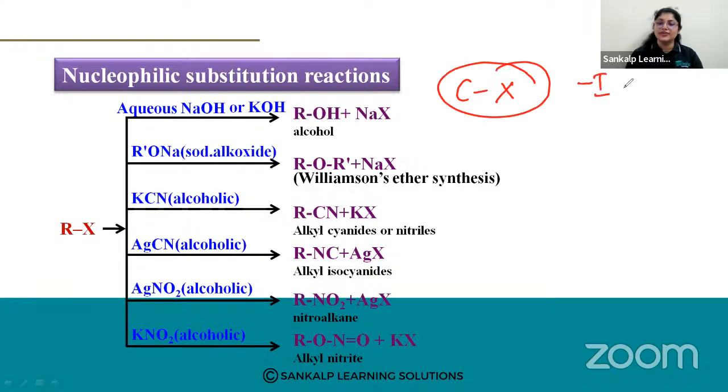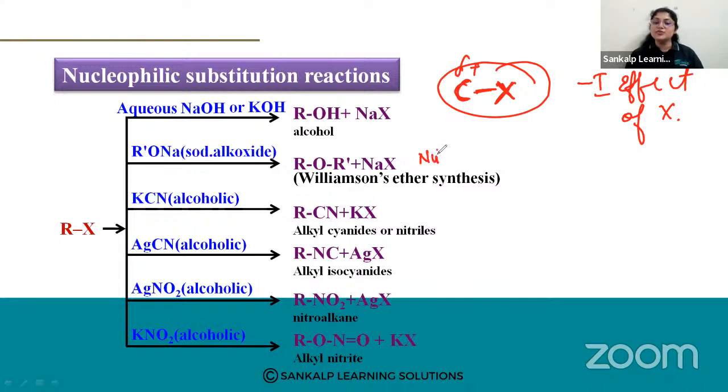Due to the minus I effect of the halogen atom attached, the positively charged carbon is easily attacked by the nucleophile, which will substitute the halogen atom. These reactions are called nucleophilic substitution reactions.